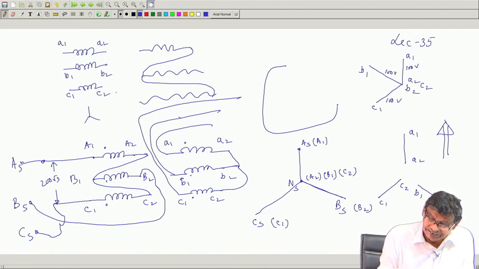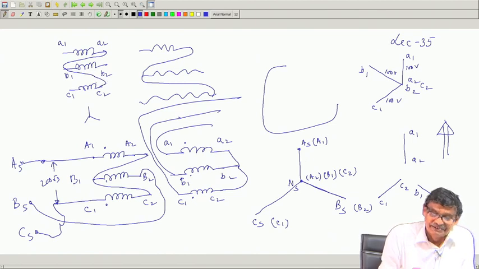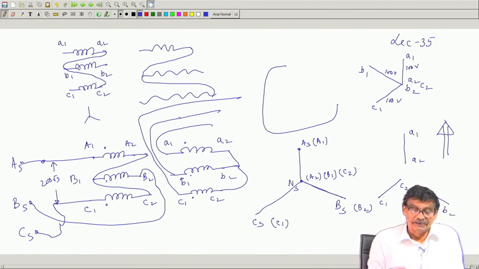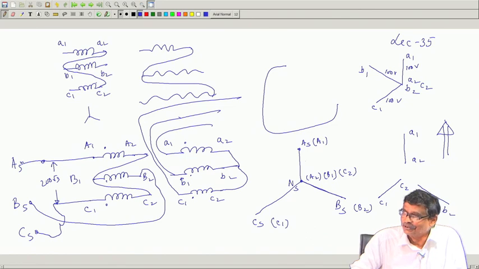Now, in the same way he does the star connection, like this, as he has done in the primary. Suppose he has done the same way. In that case, of course, these secondary voltages will be balanced 3-phase voltages. Why?